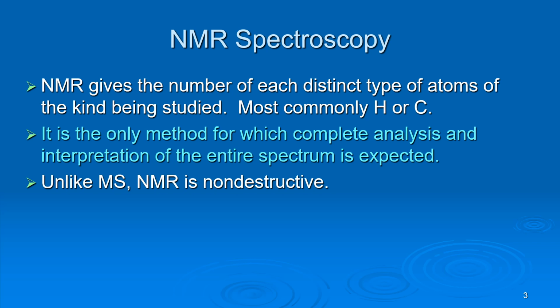So one thing to keep in mind is that remember in mass spec and infrared, we don't look at every single peak. So we look at the most important ones, the tallest ones in mass spec, or the biggest absorptions in IR. In this case, you actually absolutely have to look at the entire spectrum. You have to look at each peak. If you ignore one, you're probably going to make a mistake.